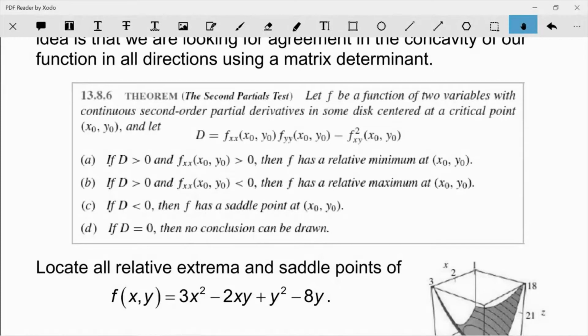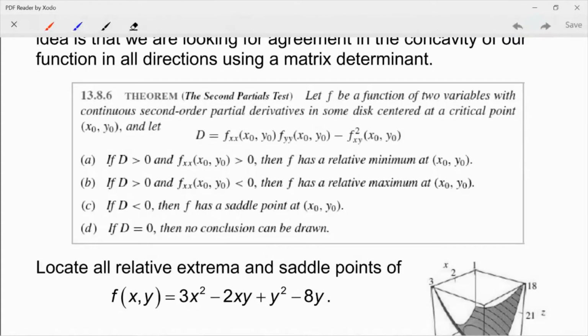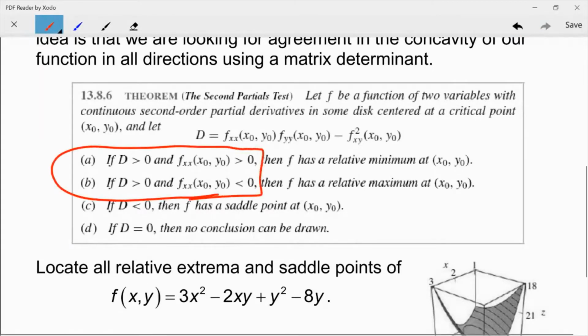Now, with that being said, if we have consistent behavior, then we have to start thinking about, okay, do we have consistent behavior where we're looking at a concave down or a concave up situation? So if you look at these first two scenarios, you can see that I have a determinant that is greater than 0. That means I have consistent concavity.